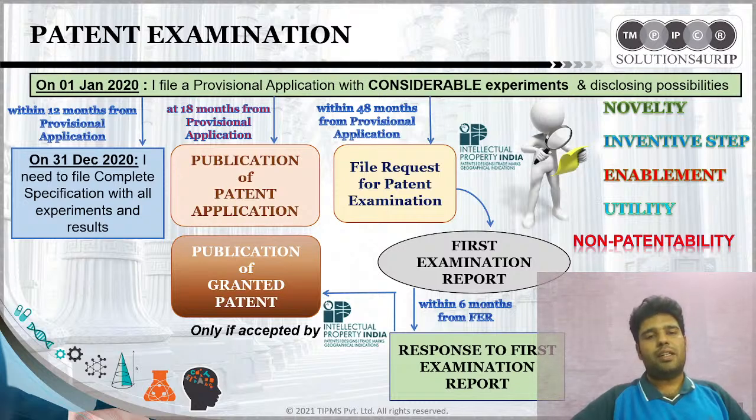Okay, so there will be 2 times of publications of the same patent, and publication of the granted patent will contain the amended claims, because once you file the patent application with the initial set of claims, you might be claiming a greater scope and extent and ambit of protection.